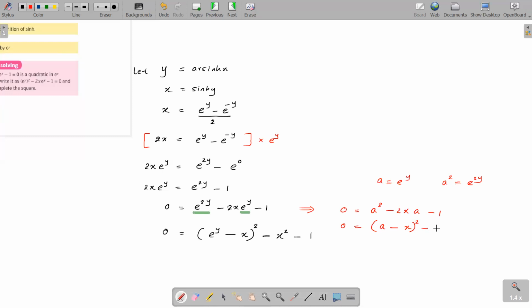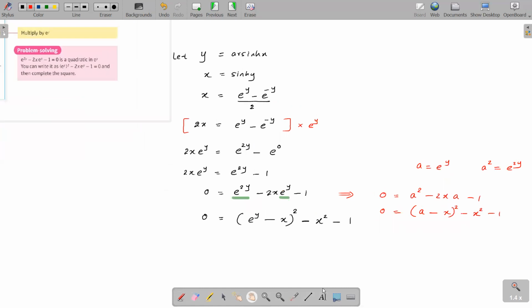Square, compulsory minus, x squared, and there's a minus 1. So you can see it's exactly the same thing that I've written over here. The only difference is a is e to the power y. So you don't need to go through these extra steps, you can come to this directly. But if you have trouble coming to this directly, you can always go through these extra steps. That's perfectly fine, okay, guys.